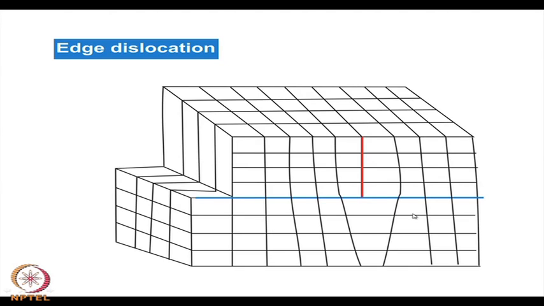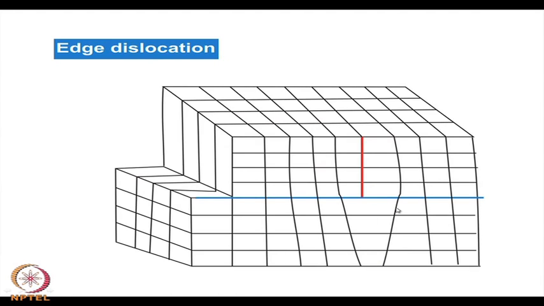So, coming back to the diagram, after some time this particular extra edge will shift to the next point, and then to the next, and then to the next, and once that is done, it will go out, which means the whole of the top part has been shifted one atomic distance to the right, and the bottom part one atomic distance to the left.